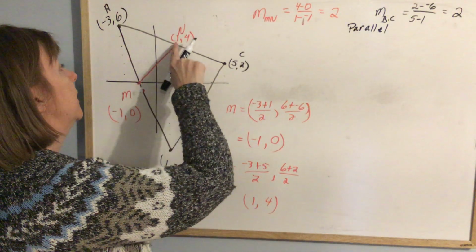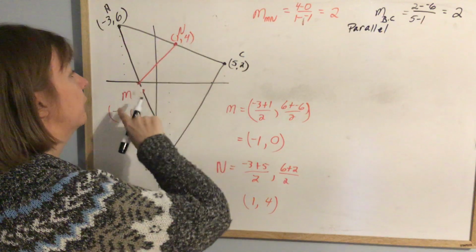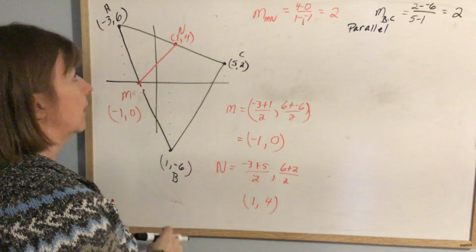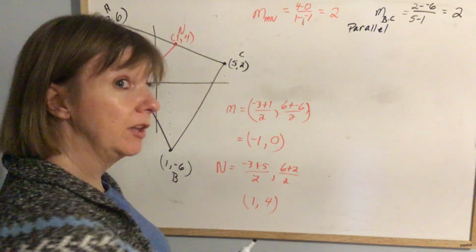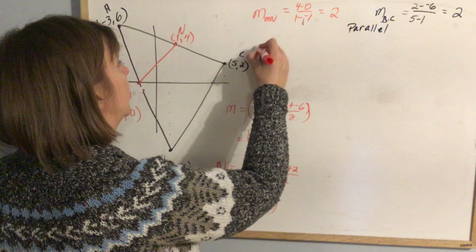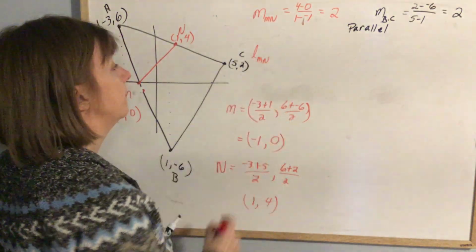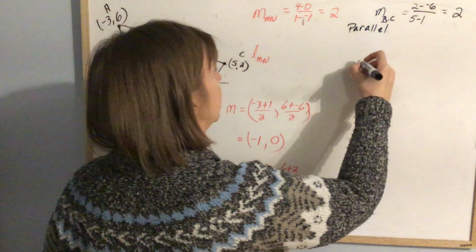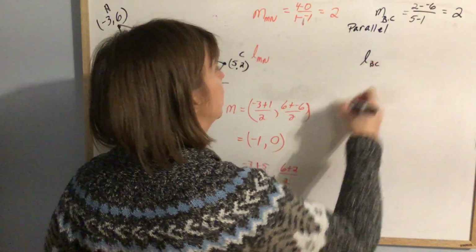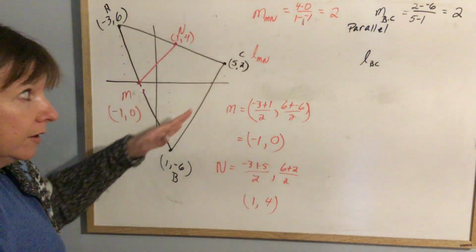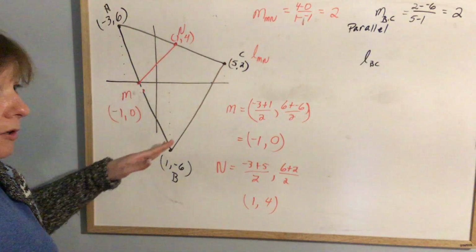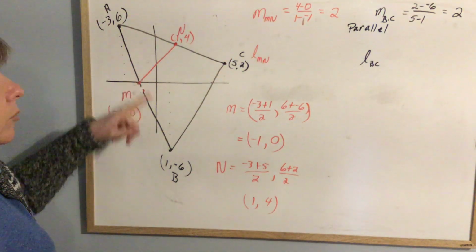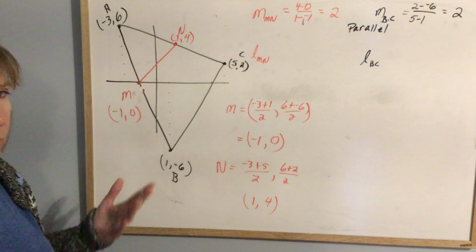Because this is in the middle, this line should be half as long as this line, which means I have to find the length of those lines. So I have to find the length of MN, and I have to find the length of BC. BC is obviously the longer one. It's going to be 2 times bigger than this one, or this one's going to be half what this one is, whichever way you want to look at it.